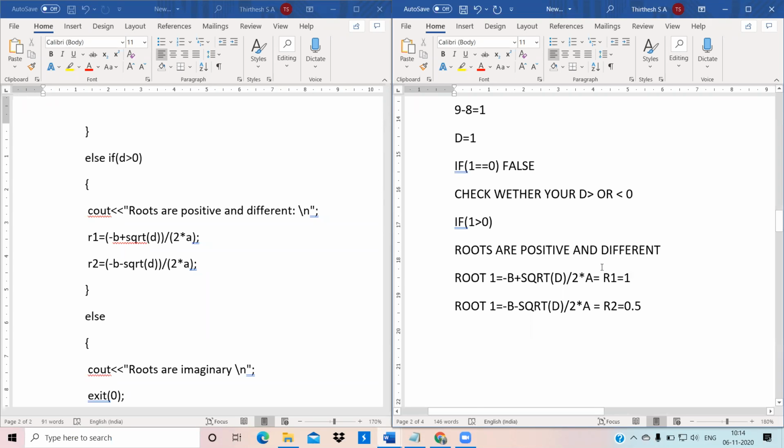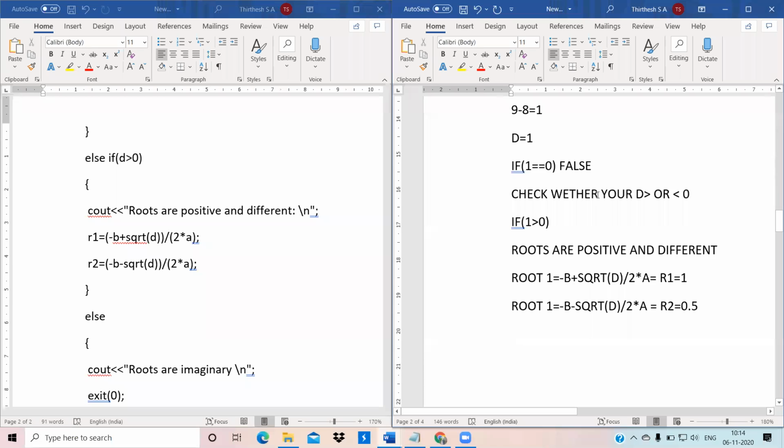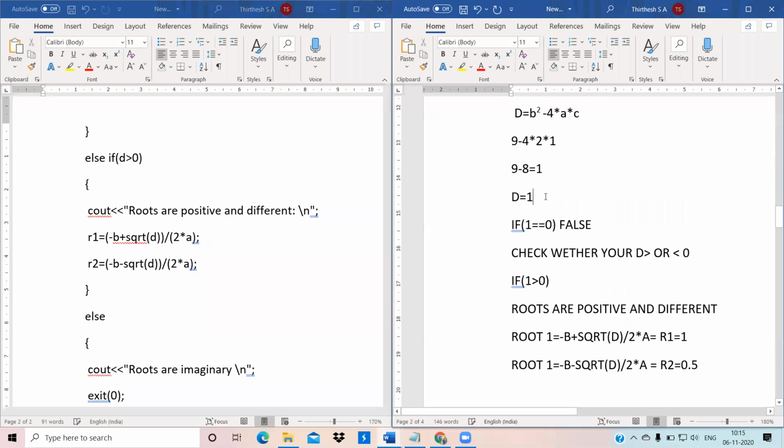So if, for example, you get your d as minus 1, you are going to check if minus 1 double equals to 0, then it becomes false. Then you check if minus 1 is greater than 0, which again becomes false.